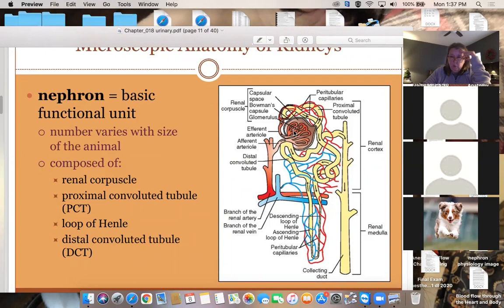That's where the filtrate is made. That's where blood is filtered. And then after that, it's going to enter the PCT, continue to the loop of Henle to the DCT, which then connects to the collecting duct.